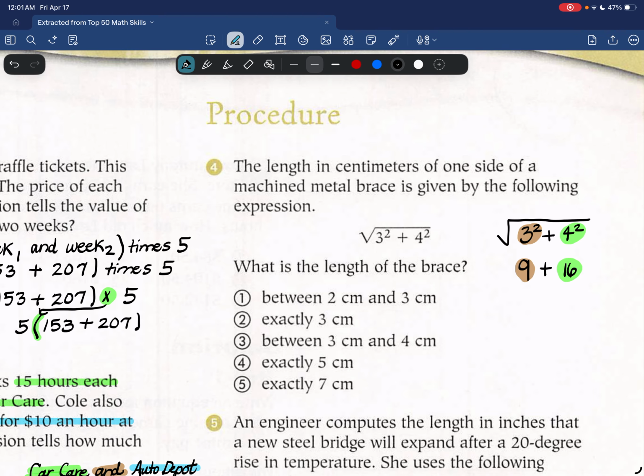We don't want to lose the addition or our square root sign. 9 plus 16 is 25, and the square root of 25 is 5. So this one is exactly 5 centimeters.